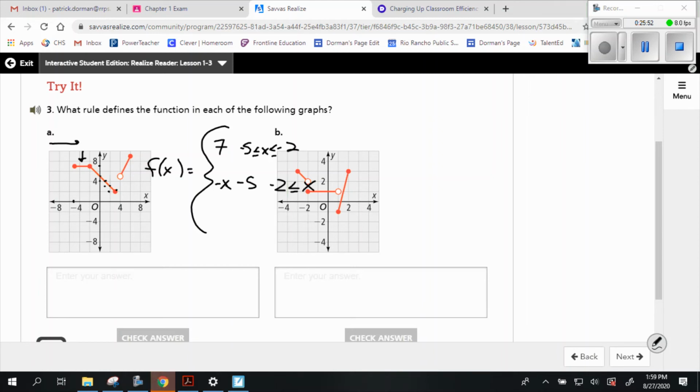And then the next segment we have looks like it's not including this point at 4. But let's look at the slope. It's got an interesting thing happening. Should we use 2 points? No, let's just go ahead and count it out. If this is the point 6, 9, it's kind of weird to see with the units.